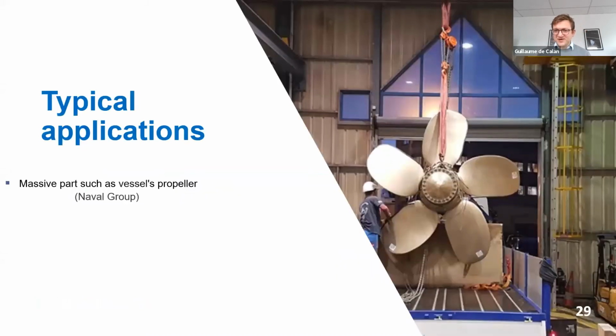A nice example of a part that was printed recently by Naval Group. This is a propeller for a ship. You may ask why the hell should we print that instead of manufacturing it in another way? Well, there's a few good reasons. One of them being it allows making the part on demand. The other one being the part is actually hollowed out.